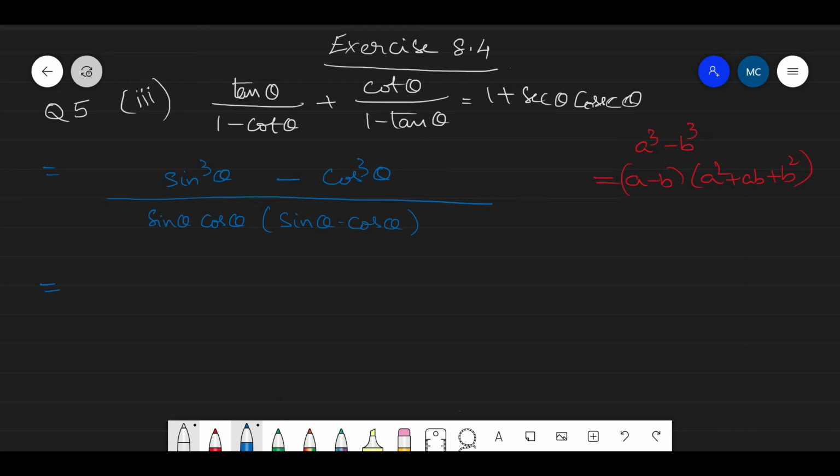So this will become sin theta minus cos theta into sin square theta plus sin theta cos theta plus cos square theta by sin theta cos theta into sin theta minus cos theta.